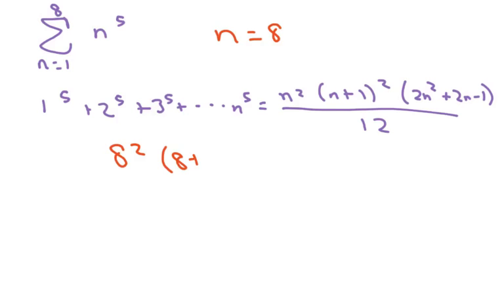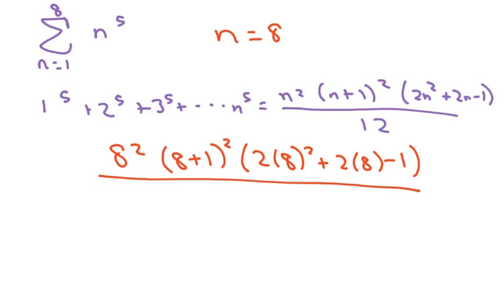So 8 squared times 8 plus 1 squared times 2 times 8 squared plus 2 times 8 minus 1, all over 12. So this is going to be 64 times 81.